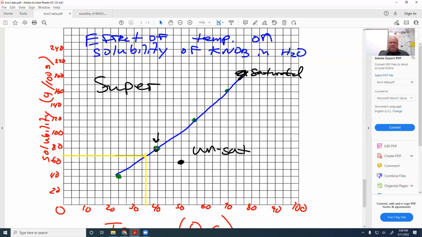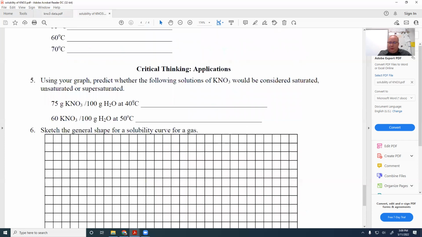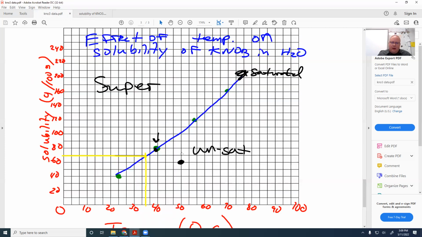And you'll notice, sorry, not wherever it hits the line, at 40 degrees, sorry. At 40 degrees, it seems to be somewhere, maybe it's hitting the line. It's hard to say. So according to my data, saturated, unsaturated, one of those answers is perfectly fine.